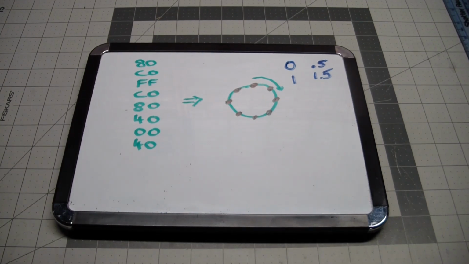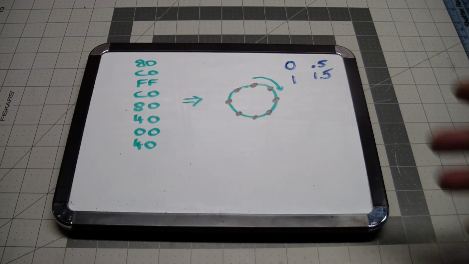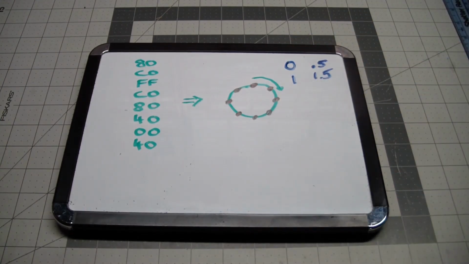But that's it. That's the whole secret to digital audio generation. Greatly simplified. There are a lot of other things to look out for, but this is basically it. If you understand this, you just learned how to generate digital audio signals.